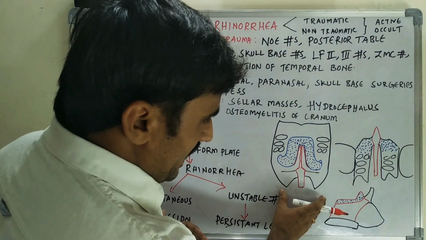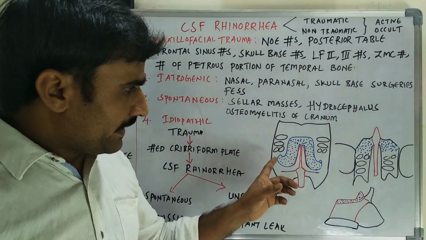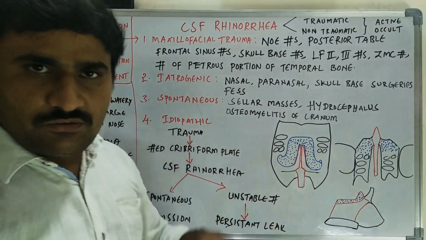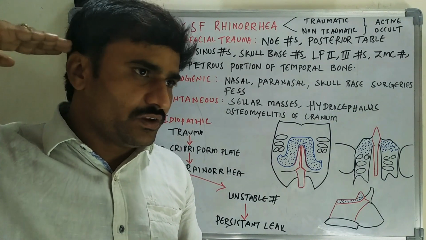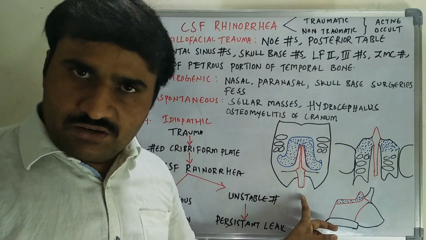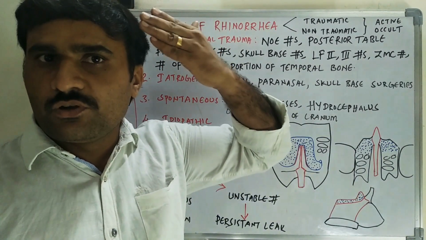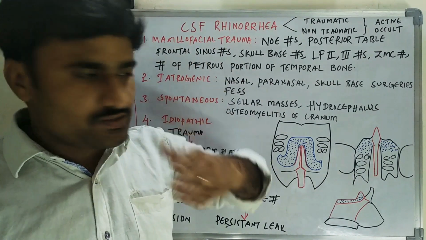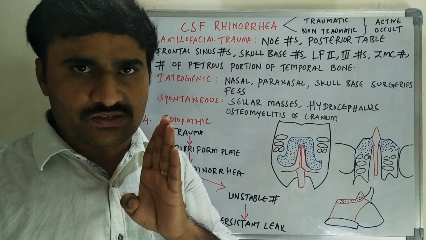You can see in this diagram, this is the cranial floor view, that means the axial view. Axial means a section cut like this. This is the cranial view, and this is the sagittal view, that means midline sections.